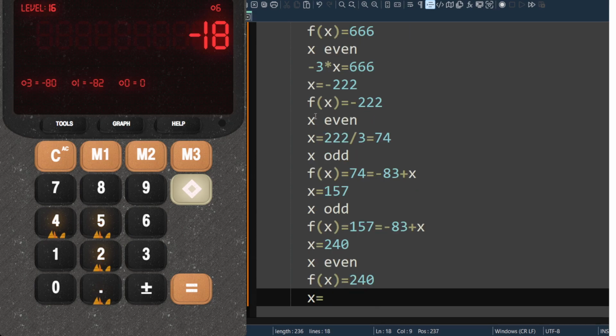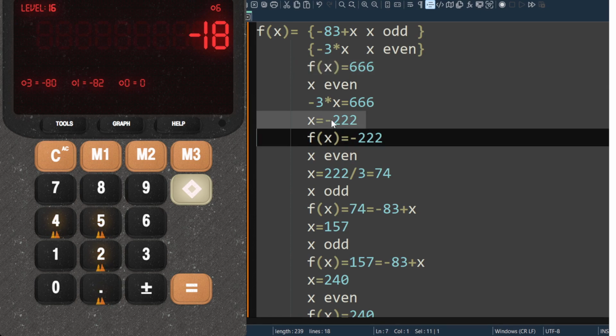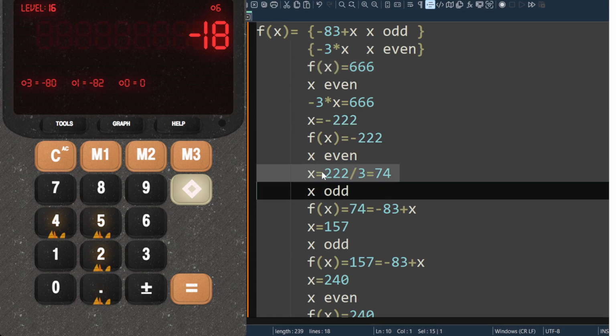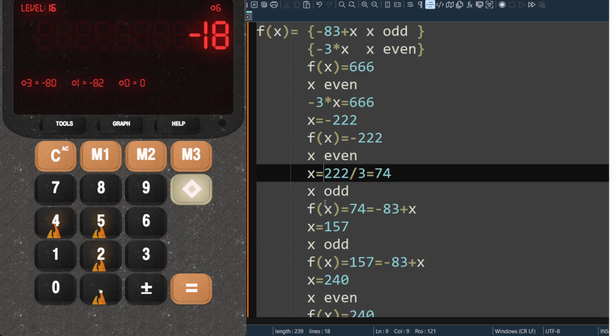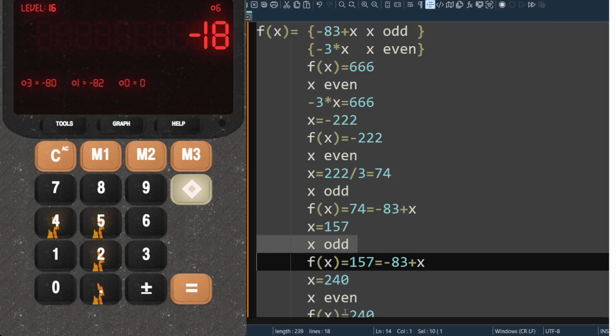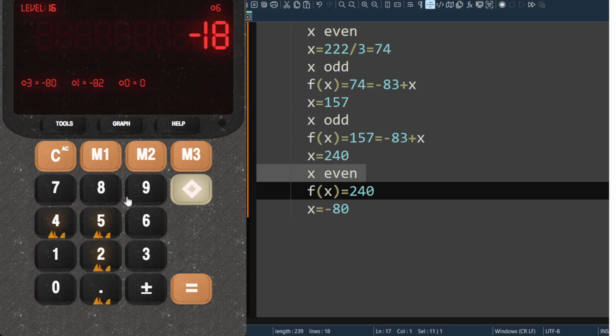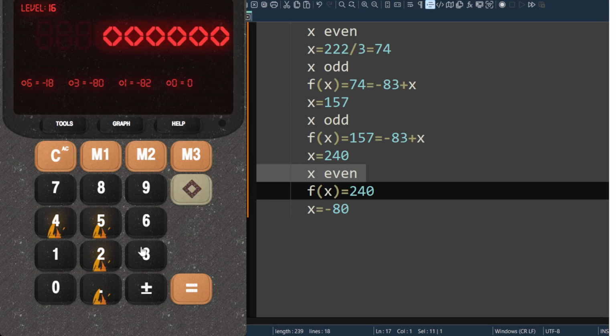This means x equals minus 80, and now we just have to, okay, 1 f of x, 2 f of x, 3 f of x, 4 f of x, 5 f of x, 6 f of x, and then we need to input the number minus 80. 5, 6, and nope.